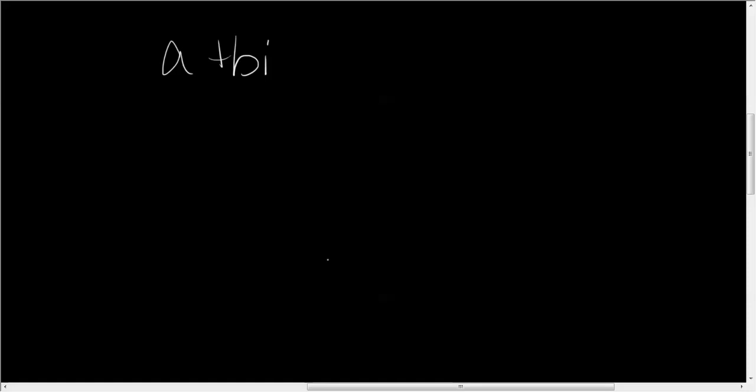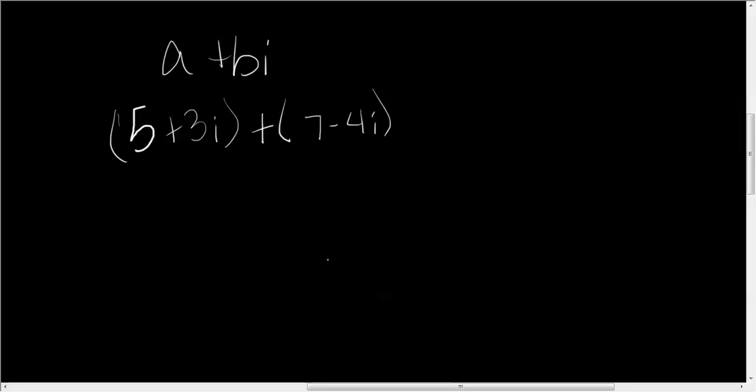So really quickly, if I have a problem like this, and I want to add it to another complex number like this, all I have to remember is that I need to add and subtract things that are alike. So I can rewrite this whole thing without any parentheses: 5 plus 3i plus 7 minus 4i.